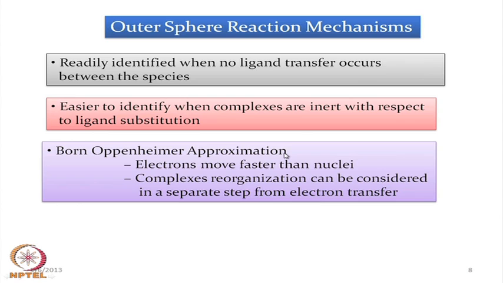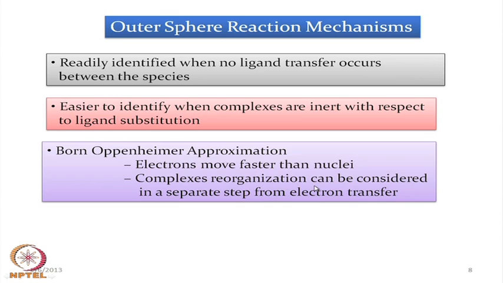In this particular case the Born-Oppenheimer approximation is applicable, because the electrons are moving at a faster rate than the nuclei. So, the nuclei cannot readjust themselves nicely. By that time the electron transfer takes place in a very fast way, and the rate of the outer sphere reaction depends on the product of the oxidant and the reductant concentrations and the corresponding K value.